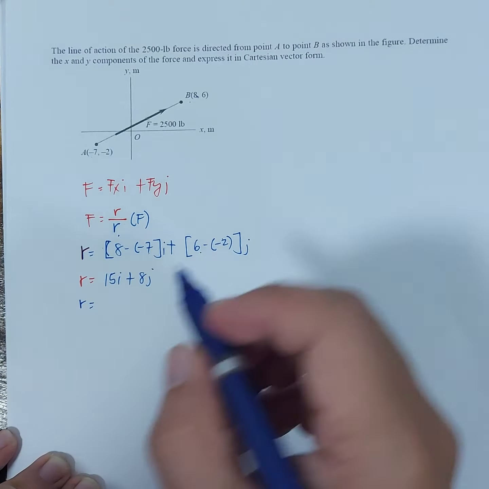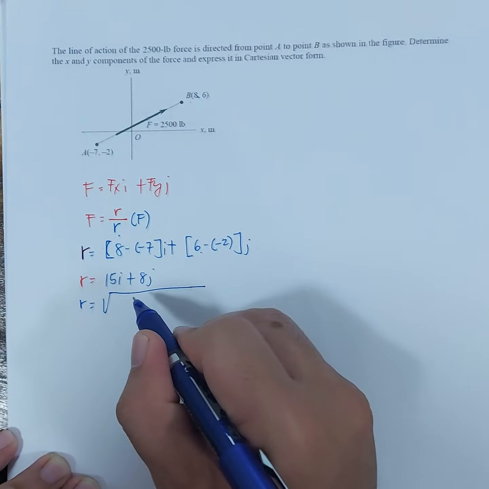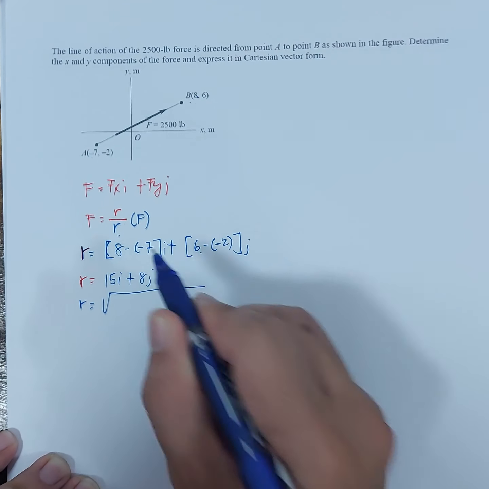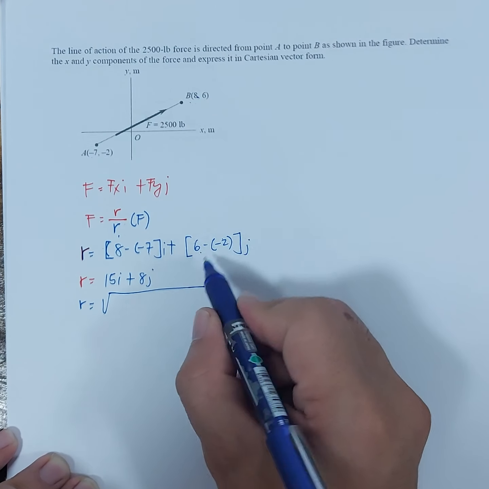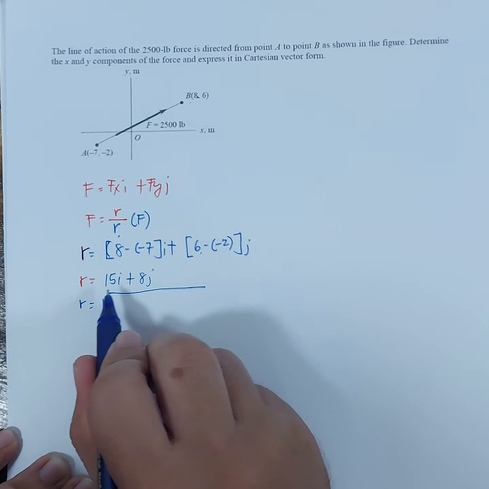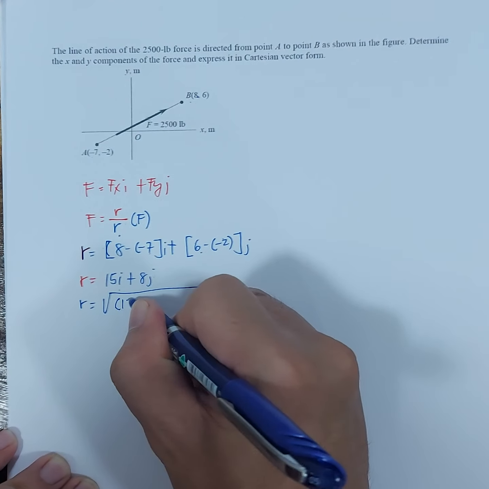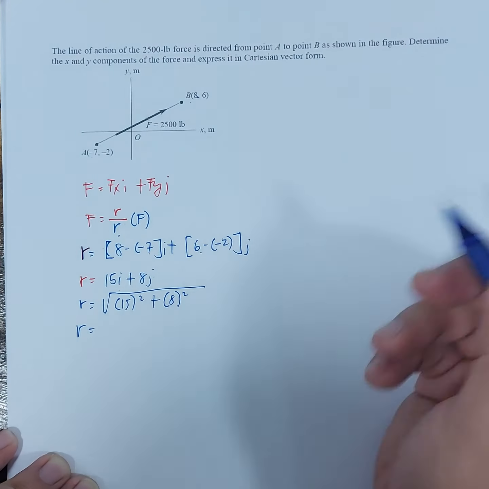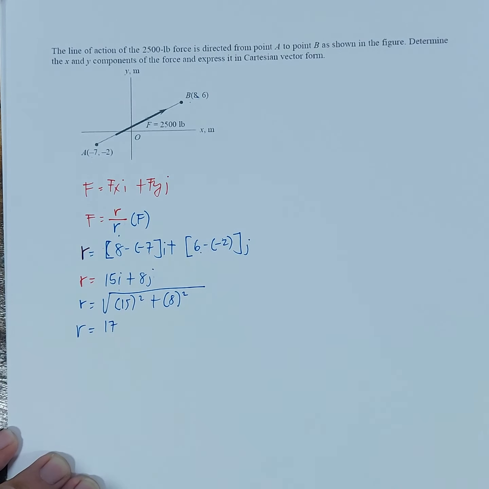Alright, and then solve for the distance between the 2 points, A and B. So that's equivalent to, so Pythagorean theorem lang. So the square root of xb minus xa squared plus yb minus ya squared. So, yan. Which is actually, ito equal yan sa position vector natin. So, 15 squared plus 8 squared. So, the distance between the 2 points is 17. Alright.